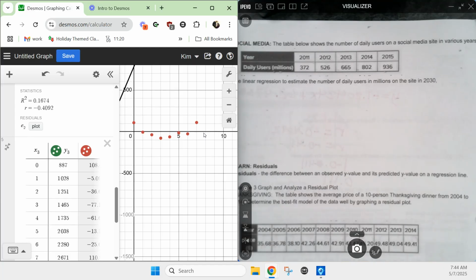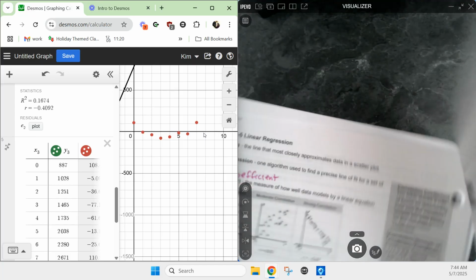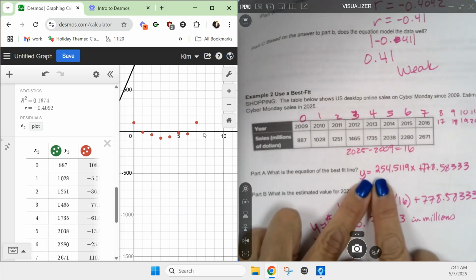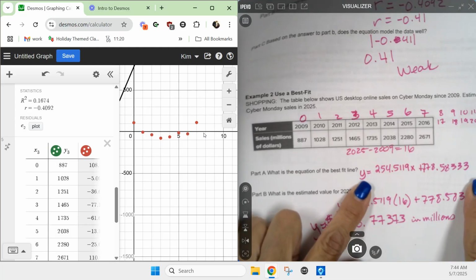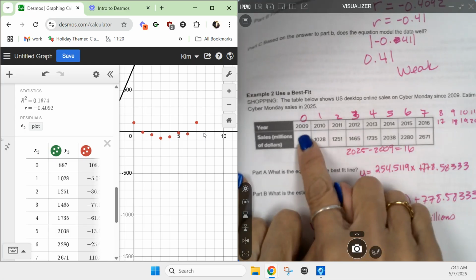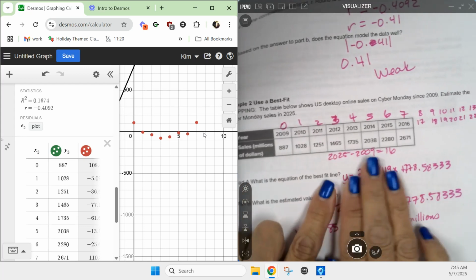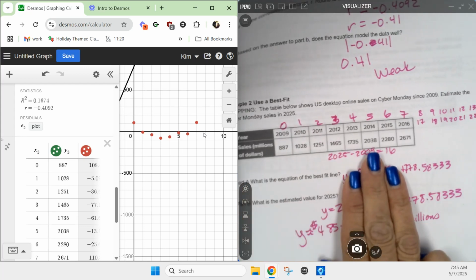So what happens is if I was to plug in, I'm going to go back to this last one. If I was going to use this equation right here and plug in year 0, I would get 778.583333.